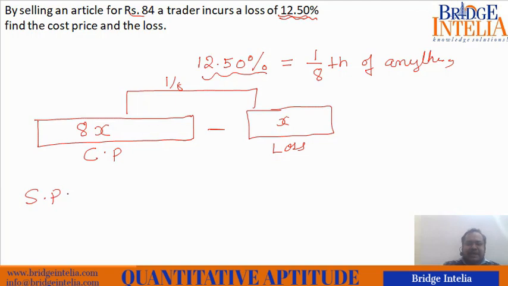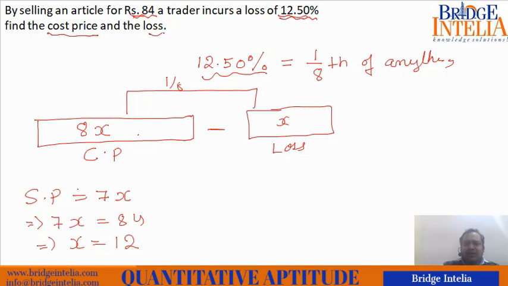The selling price is given to be 84. So selling price is equal to 8x minus x, which is 7x. So from here 7x is equal to 84, which means x is equal to 12. So if x is equal to 12, you can easily find the cost price and loss.